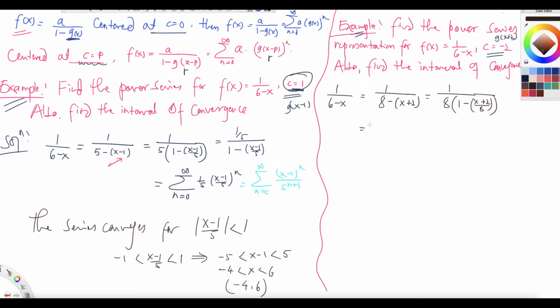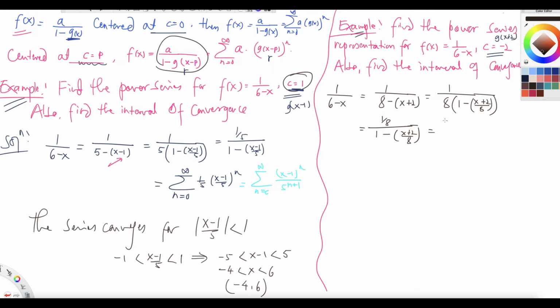That will serve as a 1/8 there, and then over 1 minus (x plus 2) over 8. It is in the form a over 1 minus r, where r is a function of x plus 2, so we have 8 as well.